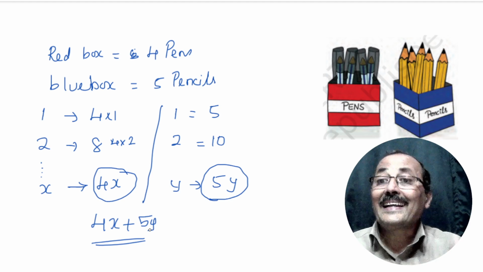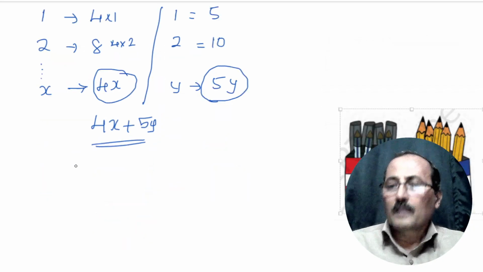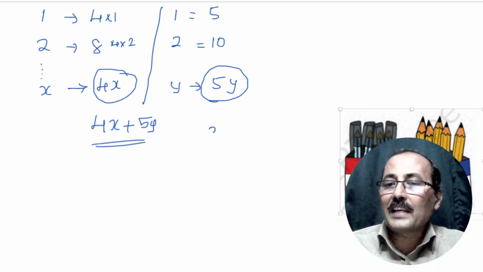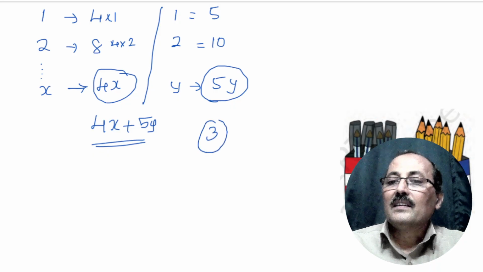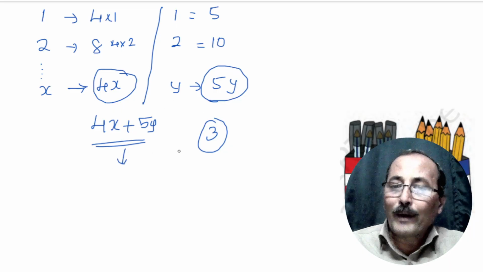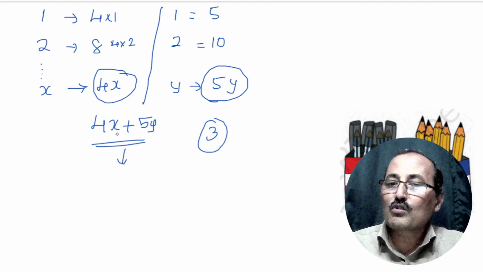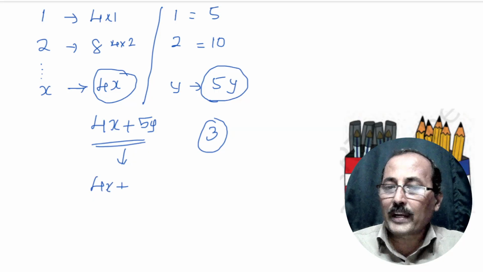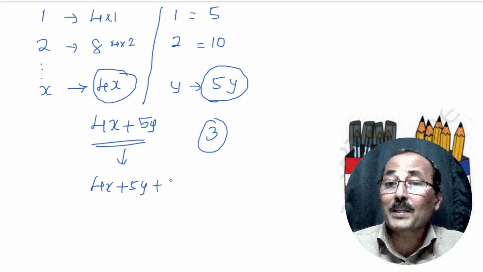Let us go to the next concept. Suppose the shopkeeper tells him if he buys this many, he is going to give 3 extra, only 3 pens or pencils. So what will this expression become then? I am giving this again to make it a proper equation. This will become 4x plus 5y plus 3.